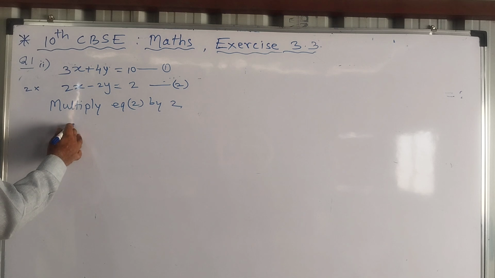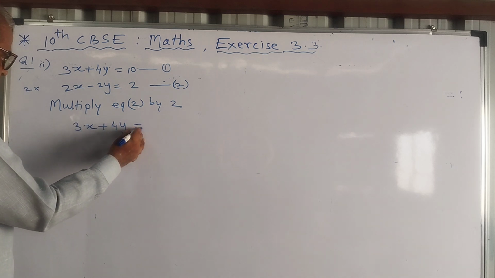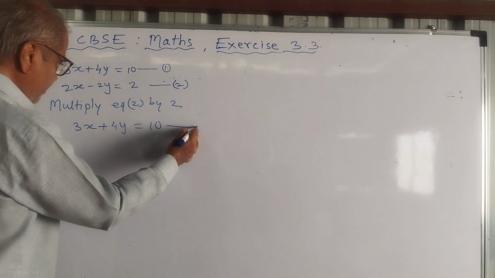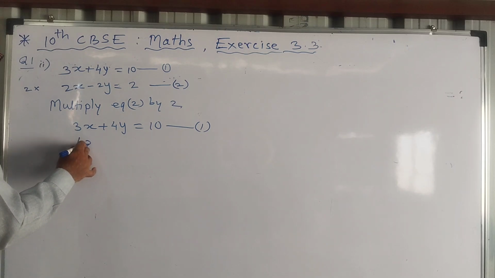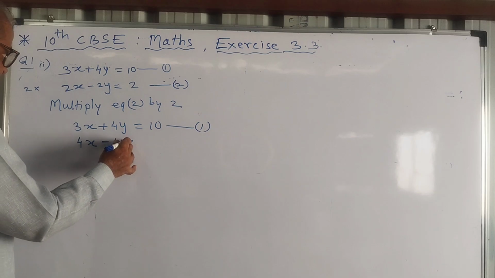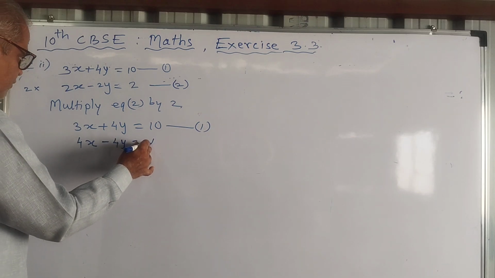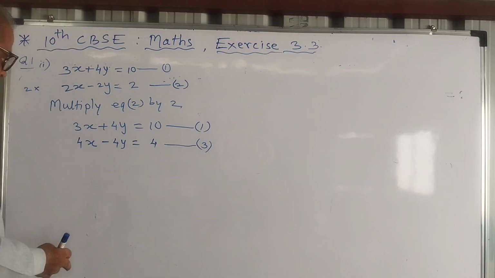So first equation is as it is, 3x plus 4y is equals to 10. No new equation, same equation, same number, but here we are multiplying equation 2 by 2. So it will be 4x minus 4y is equals to 4. New equation, new number, number 3.